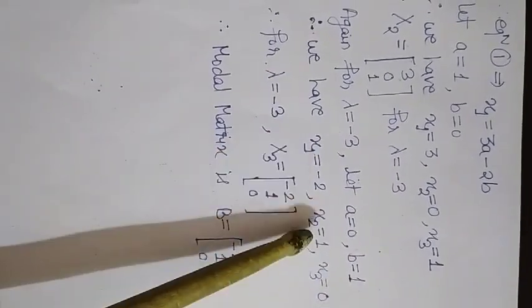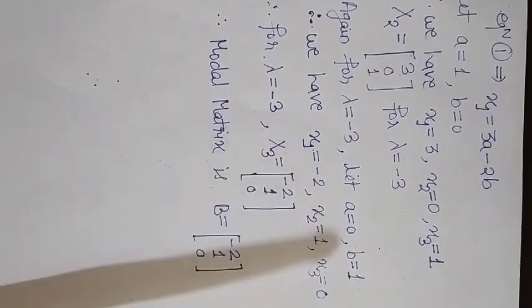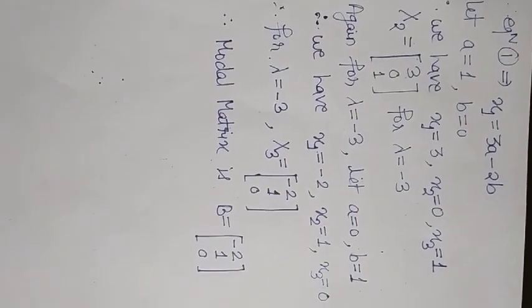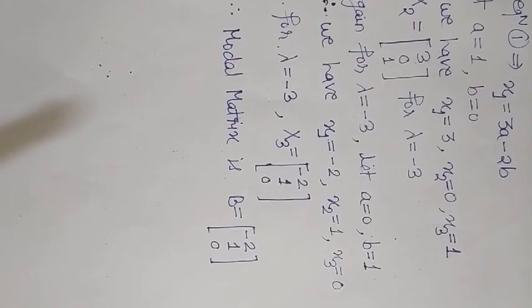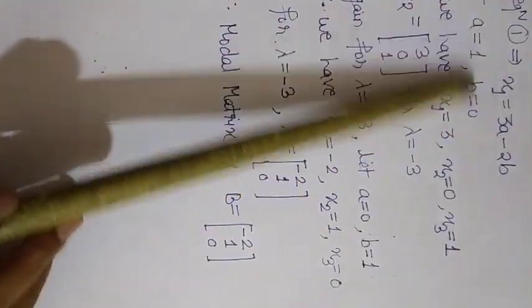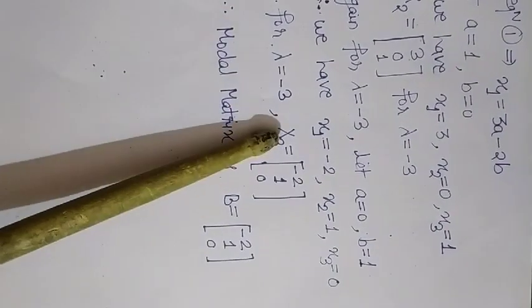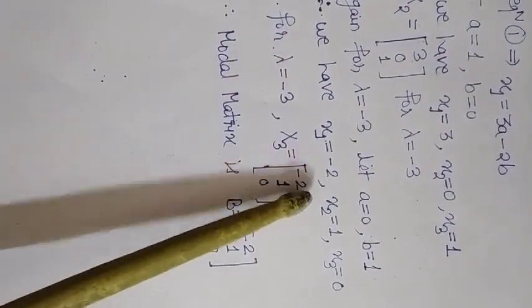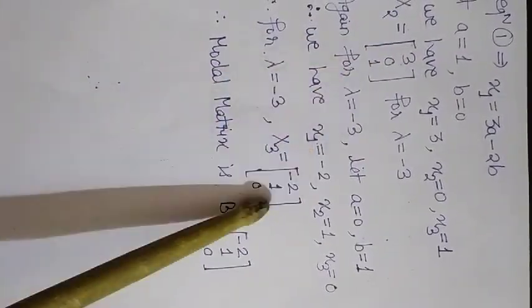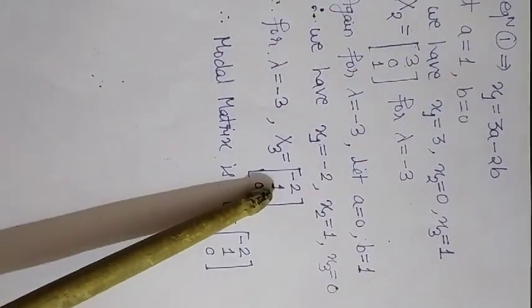So we will get x1, x2, x3 as these values. This is one of the easiest ways I will suggest in order to get linearly independent vectors in case of equal eigenvalues. Okay, just swap the combinations. So the next eigenvector is [-2, 1, 0]. You can see here they are not scalar multiples of each other, hence they are linearly independent.